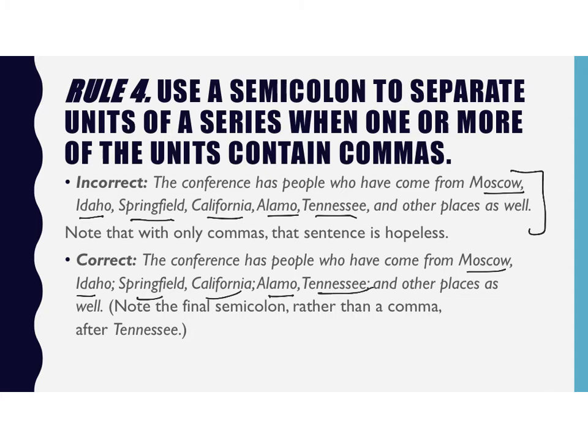And so what you do is you're going to keep the comma separating city and state. But this comma, you're going to change to a semicolon. So you would separate the items in a series with a semicolon so that we can figure out that, okay, this is 1 unit right here, 1 unit, and 1 unit.